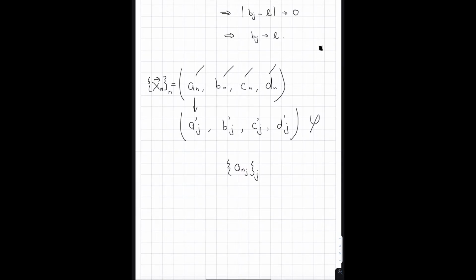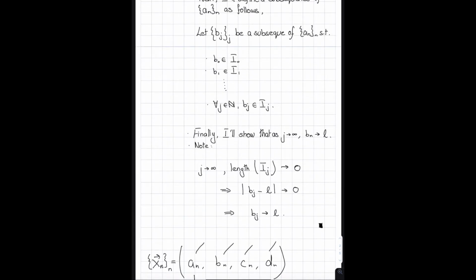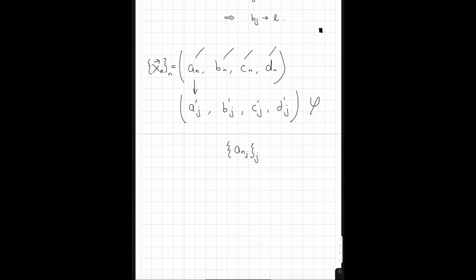What we are trying to emphasize is that this is a subsequence of A sub n, and it is not dependent on n, it is dependent on j, where n subscript j is a bijection on the set of natural numbers. That is how we generally define a subsequence. We don't use this prime notation. I just didn't want to confuse you here, which is why I said let B sub j be a subsequence of A sub n.